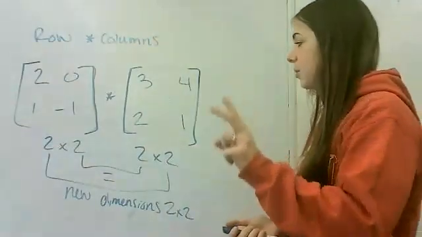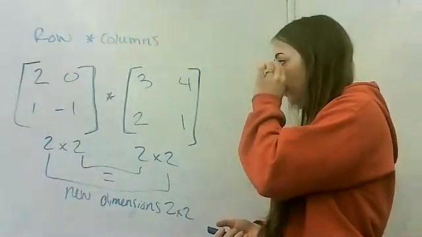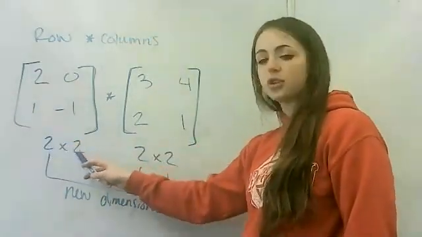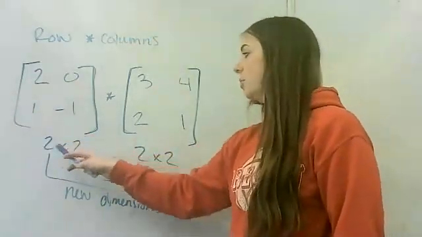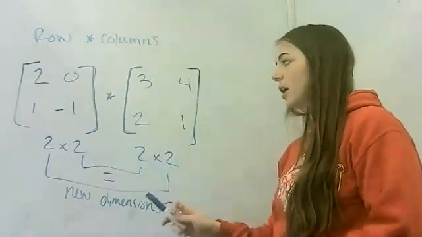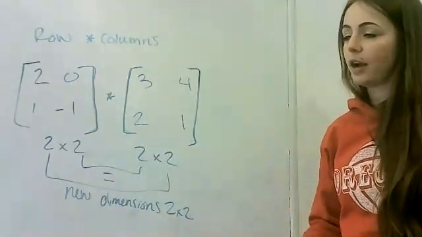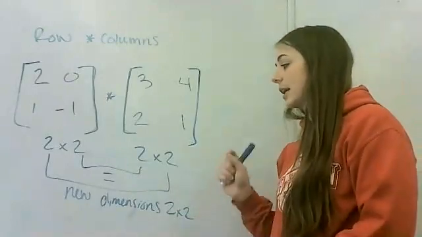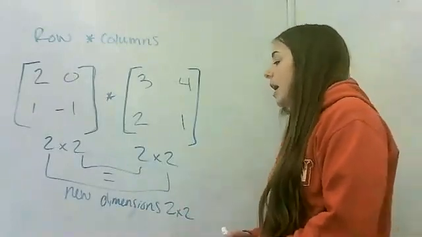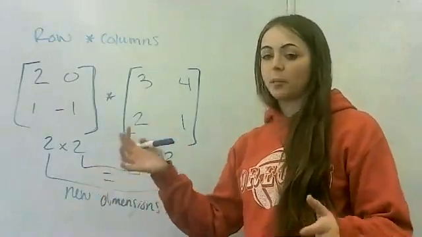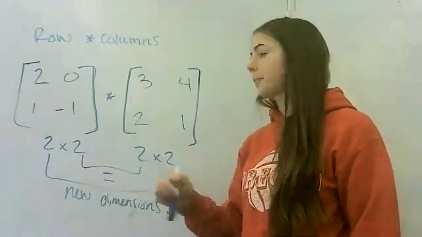2 big things that we have to do when we are multiplying matrices is we want to determine the dimensions of each. So this is a 2 by 2 and this is a 2 by 2. This makes it really easy for me to know whether or not it is actually 2 matrices that can be multiplied together. Because keep in mind, there are matrices that cannot be multiplied together.